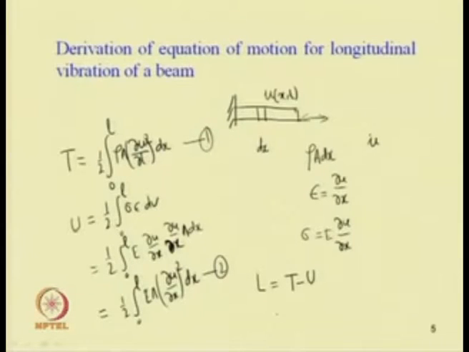As in this case no force is acting on the system, this extended Hamilton principle reduces to that of the Hamilton principle, which is generally applied for a conservative system. So, using this Hamilton principle one can write integration T1 to T2 of δL plus δW_NC dt equal to 0.